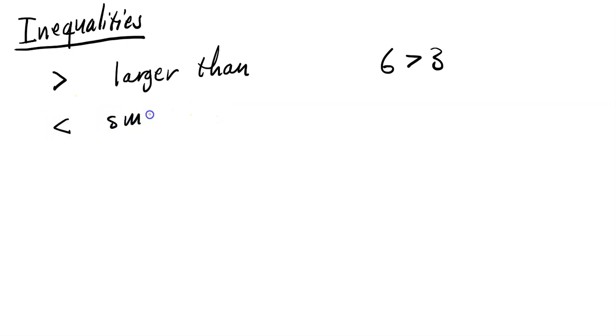Here we have this, meaning larger than. So for example, 6 is larger than 3. Or this, smaller than. So this side is smaller than that side, and here this side is larger than that side.